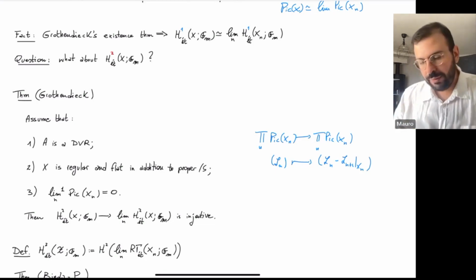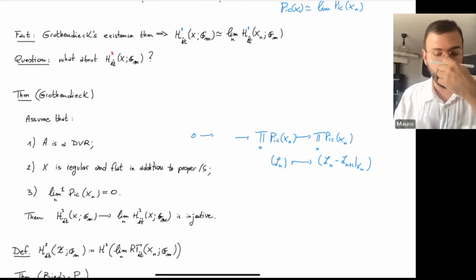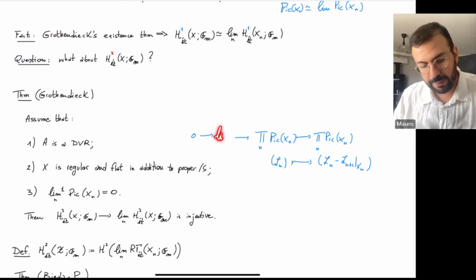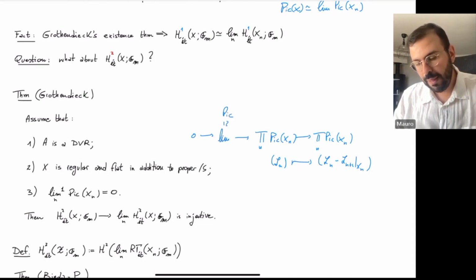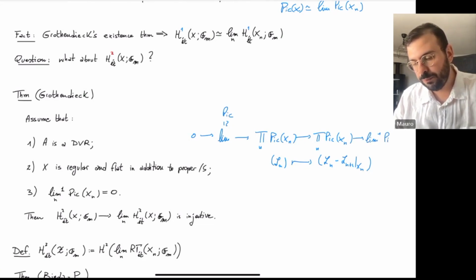So when you take the kernel of this map, you get exactly the limit, which means families of line bundles such that when I restrict ln plus 1 to Xn, I get ln. This is the limit, and it's also Pic. And the cokernel of this map is by definition the lim1.